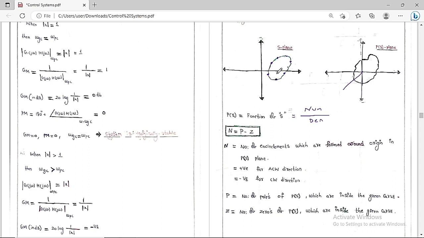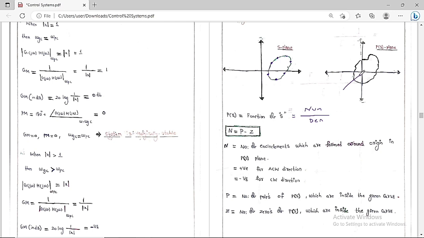Let me assume there are P number of poles and Z number of zeros present in this green curve. And what is the value of N? N is equal to P minus Z. N is the number of encirclements found around the origin in the P of S plane.